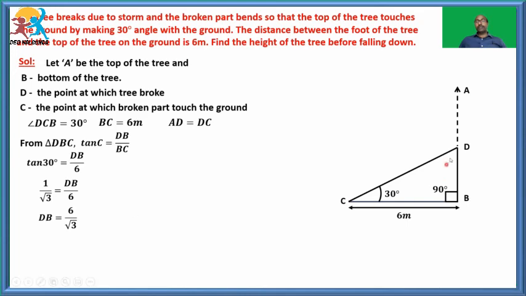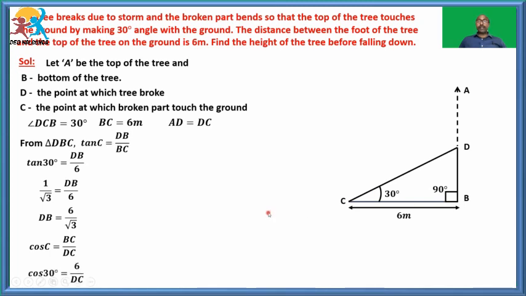Now let us find the length DC, that is hypotenuse. We have adjacent and we need hypotenuse. So the trigonometric ratio related to both adjacent and hypotenuse is cos. So take cos C. Cos C is equal to adjacent by hypotenuse, that is BC by DC.